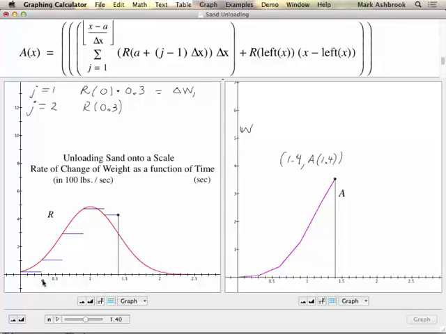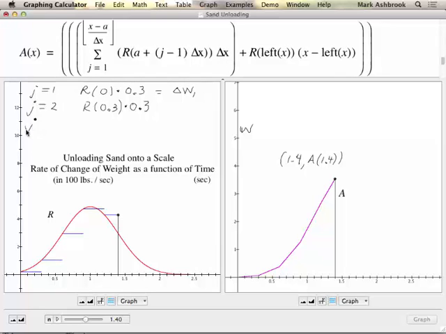And what is R of 0.3? Well, that's the rate at the left side of the second interval, which we're going to use to pretend to be the rate for that whole interval, times the interval width. And so we get a little bit more accumulation from this constant rate. That's what this part right here is doing.